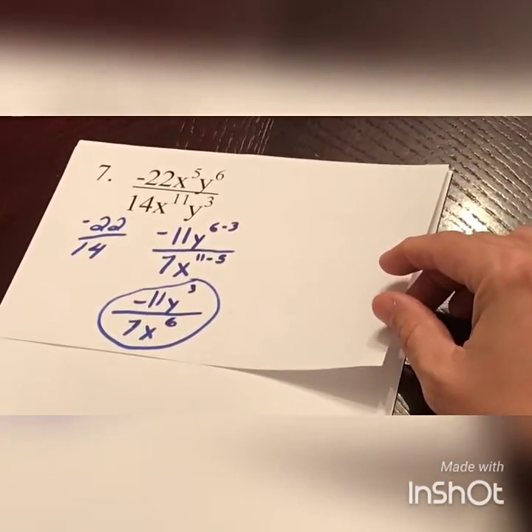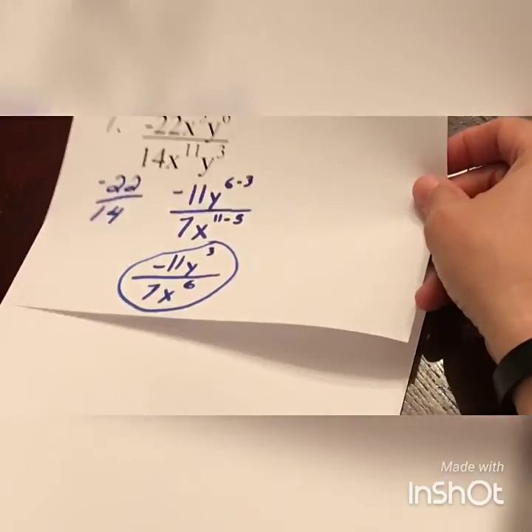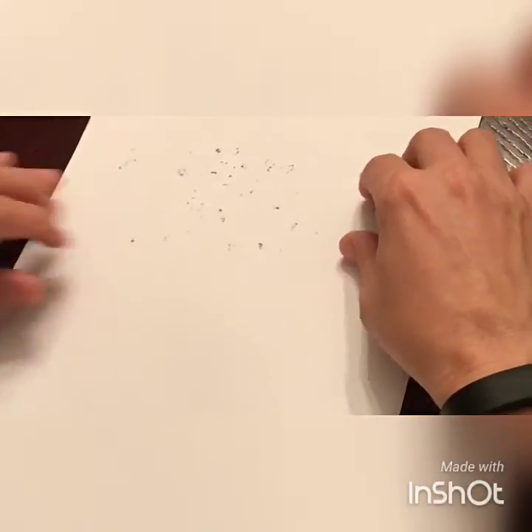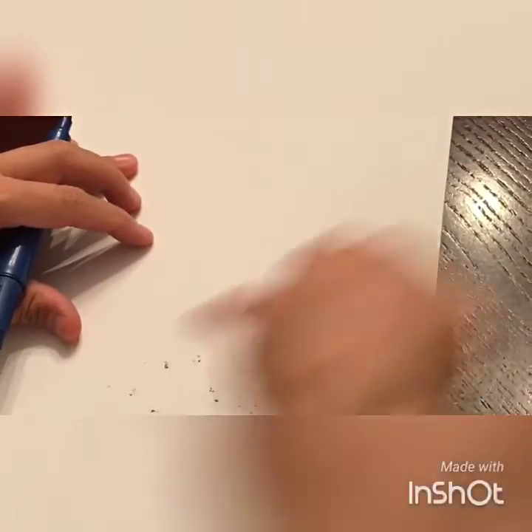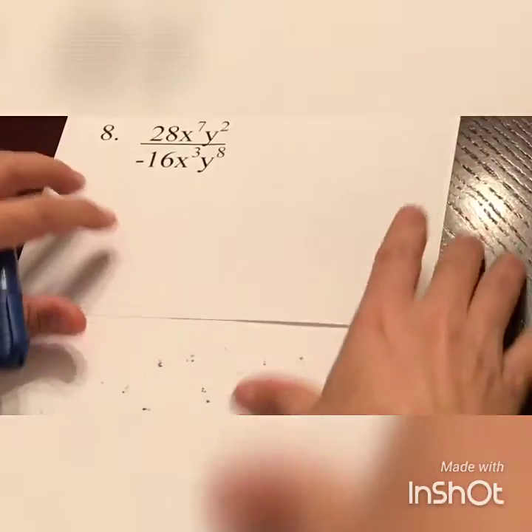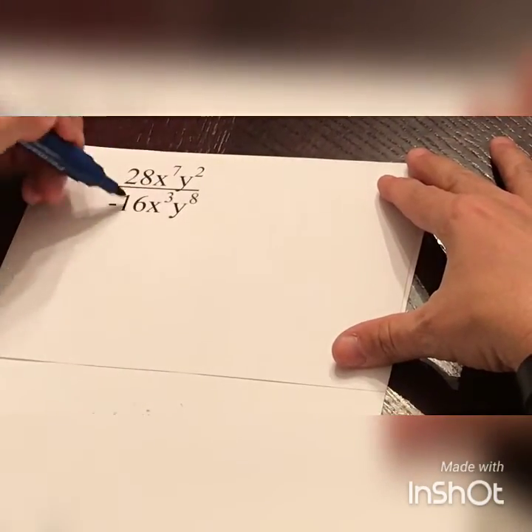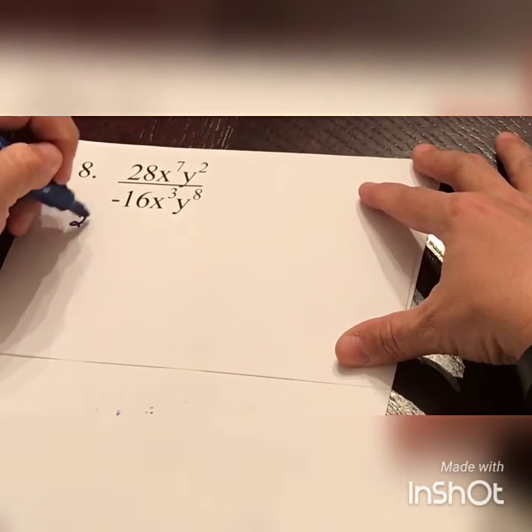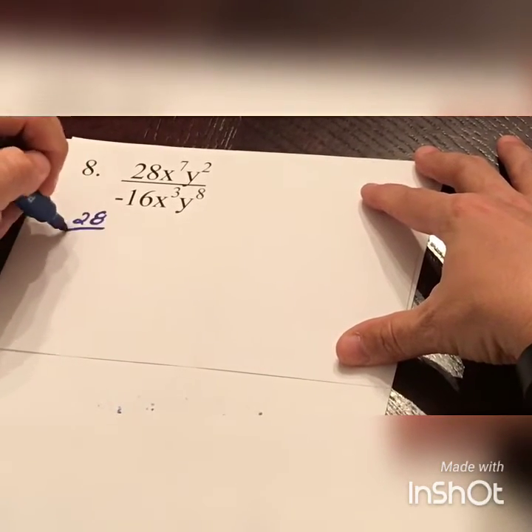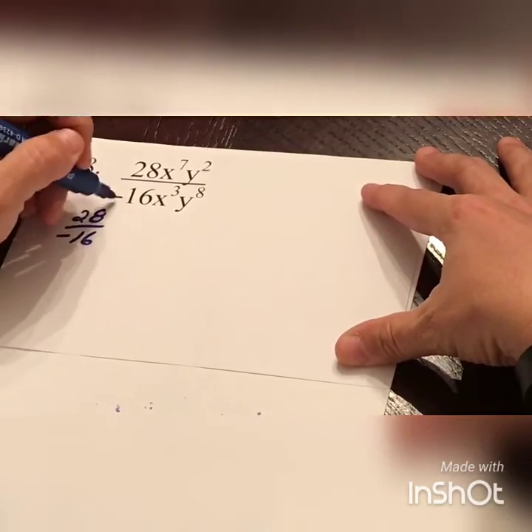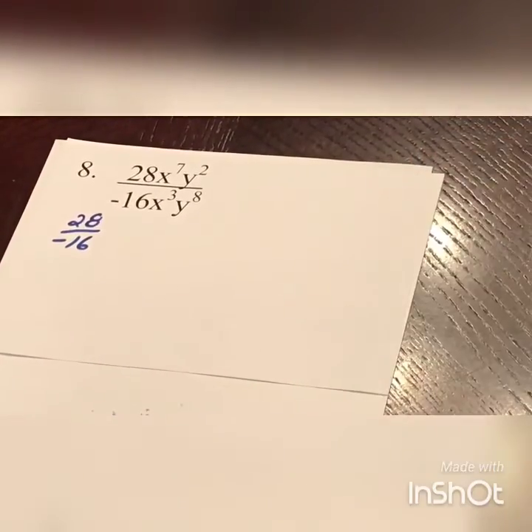All right, guys, it looks like one more example, and then we'll have this rule knocked out. Our last example, number 8. 28 divided by negative 16. What you'll notice with this problem, the negative sign starts on the bottom.